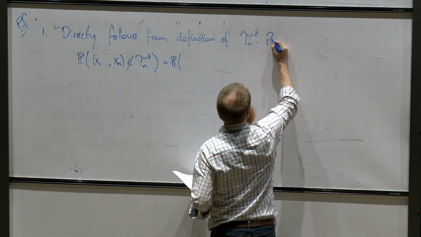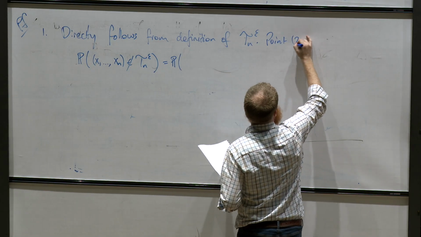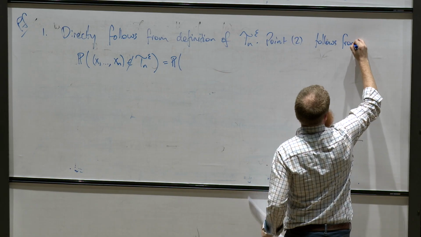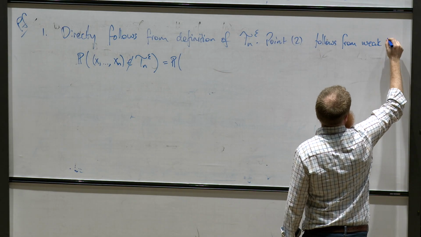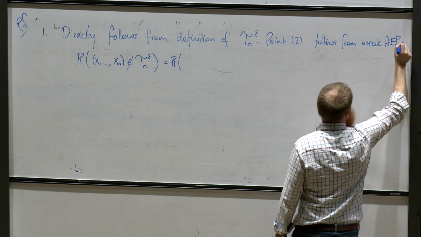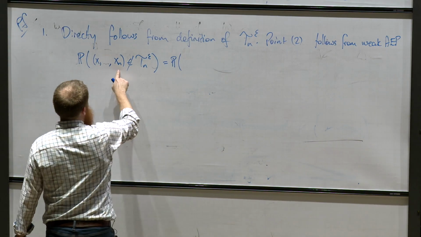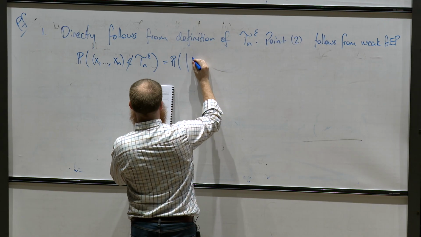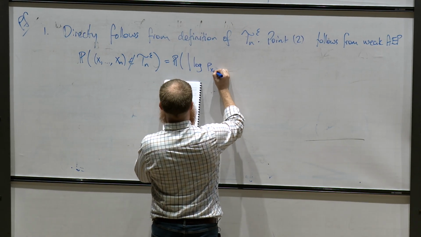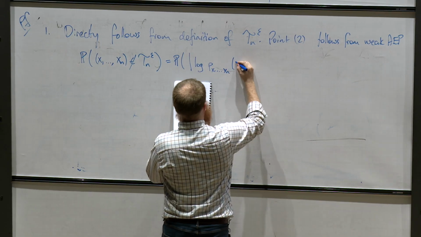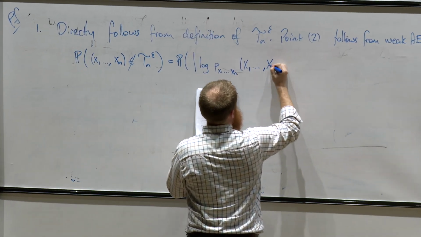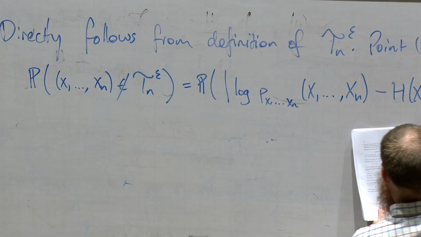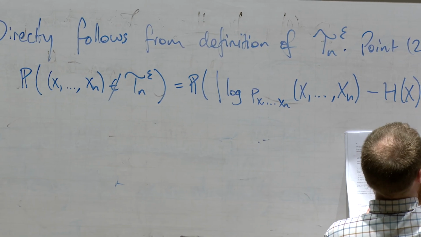Point 2 follows from the weak AEP. Okay, since the probability you don't have a typical sequence is the probability that the absolute value of minus 1 over n log p of x1 through to xn minus H of X is greater than epsilon.